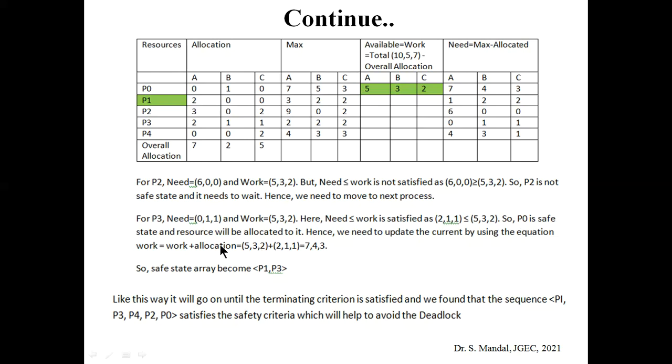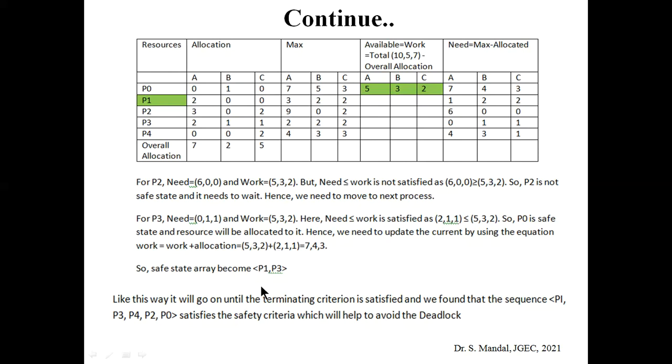So P3 is in safe state, and resources will be allocated to it. We put the P3 process into the safe state array. After P1, P3 will be executed, and the current work value will be 532 plus the allocation of P3, 211, that is 743. The next work value will be 743, and it will continue like this.